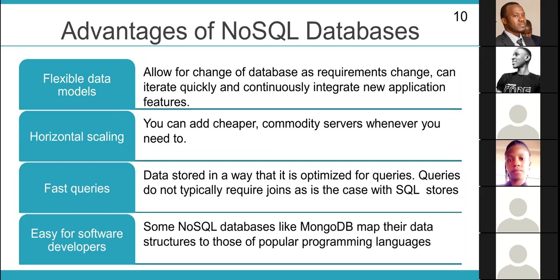And then they support horizontal scaling. Now, there are two types of scaling: horizontal scaling and vertical scaling. For vertical scaling, let me explain it this way. You have a server hosting your database, and your database grows.